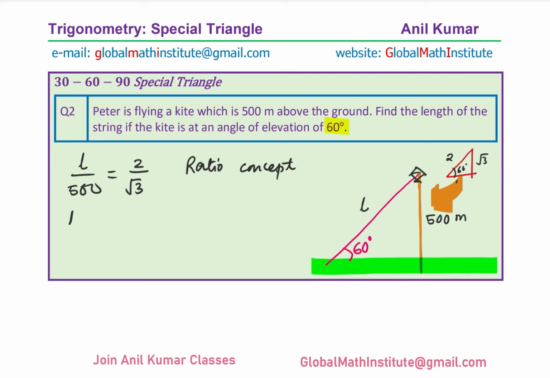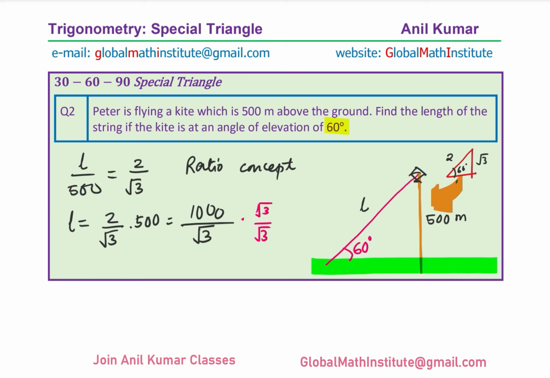And clearly we get L equals to 2 over square root 3 times 500, which is 1000 over square root 3. You could rationalize this, right, to give a perfect answer. Rationalizing means multiply and divide by square root 3 in this case.